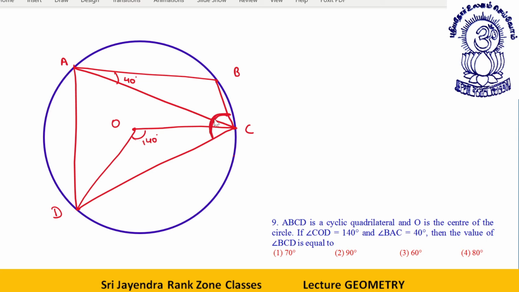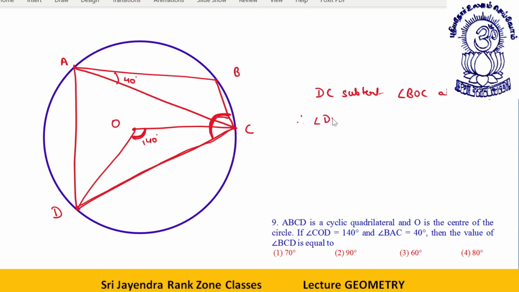Angle BCD. See students, this angle is 140 degrees. This 140 degrees is being made by DC. DC subtends angle DOC at center.